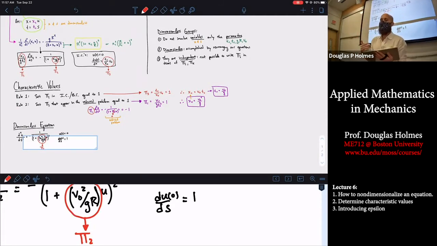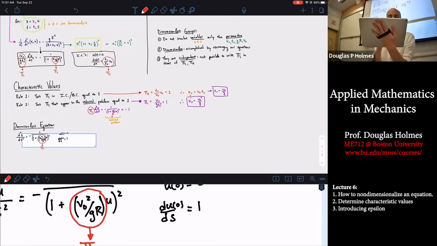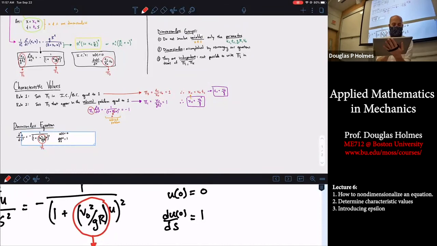What this is saying is that this pi 2 is really the characteristic height of the ball relative to the radius of the Earth. Subtle, but different. We found it in a more formal way. We did need to know that we chose to reduce the problem's complexity by getting rid of the nonlinear term. And this term down here is the nonlinear term.